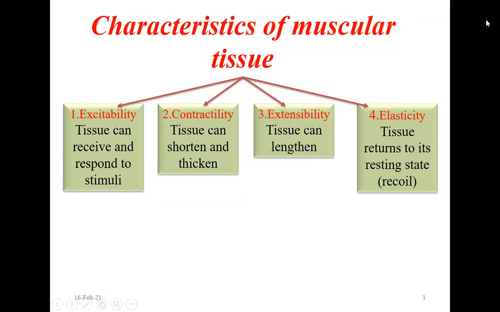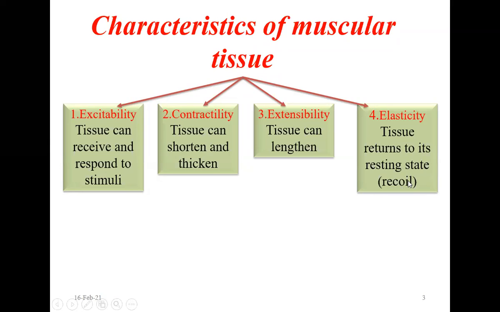Now the fourth feature is elasticity. The tissue returns to its resting state, its normal state. I said it can become lengthy or it can become shorter, but it can also return back to its normal state. That is called the resting state, or it is also called recoil.